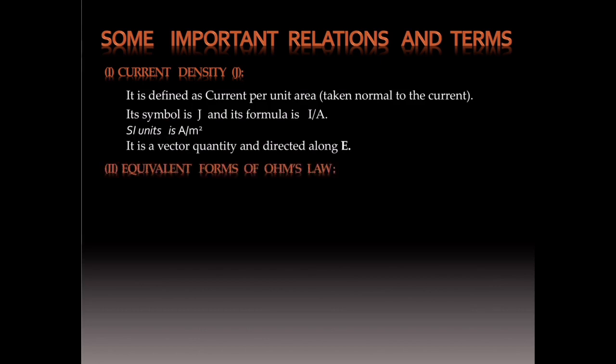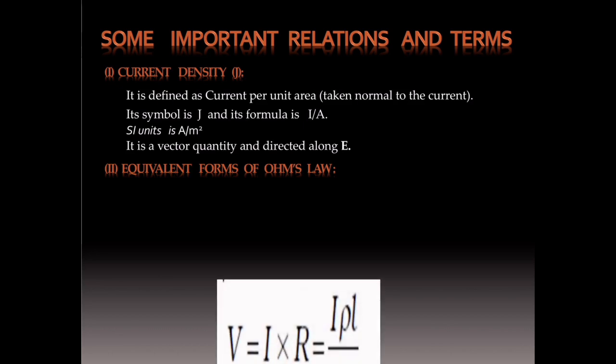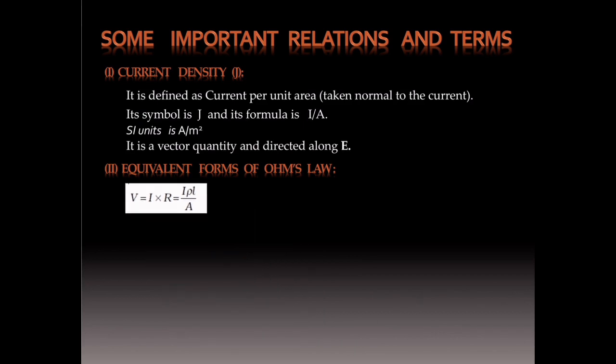The second is the equivalent forms of Ohm's law. We can write Ohm's law in vector form also. See how. We know V is equal to I into R. If you put the value of R, that is rho L by A, then V is equal to EL, and I upon A is J. So we can write EL is equal to J rho L. Rho is the resistivity, L is the length of the conductor.